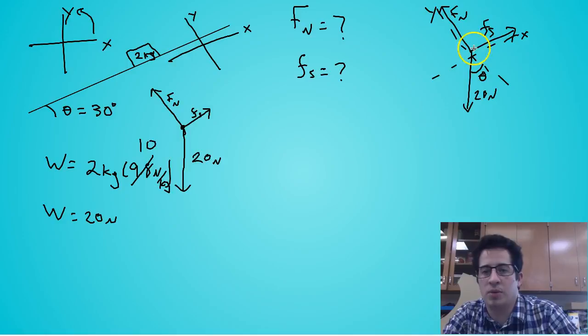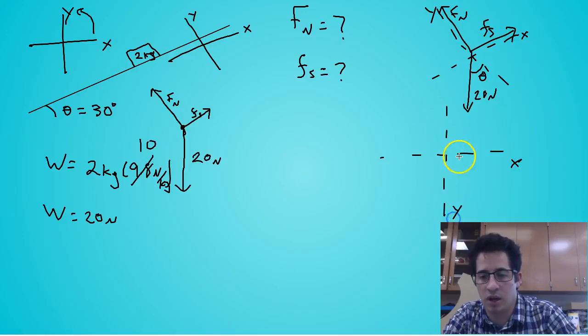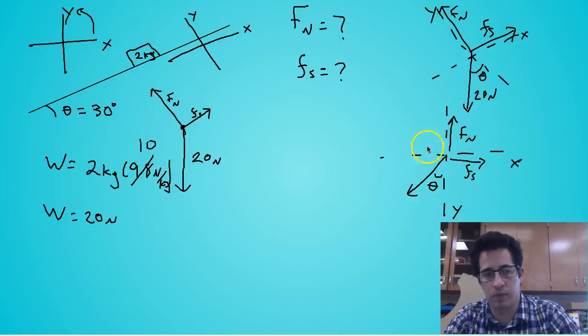The other option is we can rotate the whole thing and have our coordinate plane be like this, x and y, and so have friction like this, have the normal force like this, and then gravity pulling at an angle. So real quick, we need to do a proof to show that that is the angle for gravity.